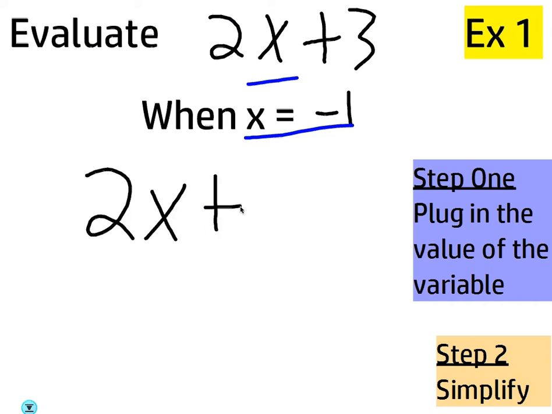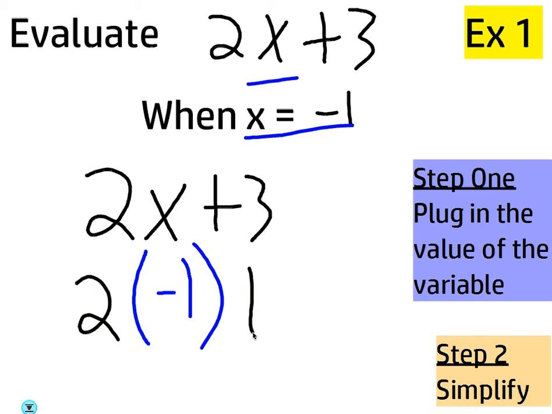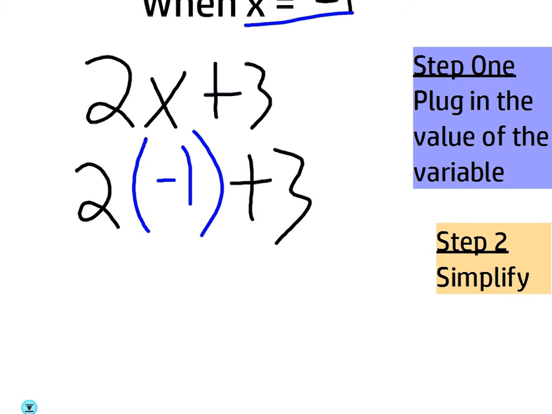So I'm going to rewrite the expression. And every time you plug something in math, put it in parentheses. It's going to save you a lot of trouble, save you a lot of mistakes. So first step is to plug in the value of the variable. In this case, it's negative 1. And then the next step is to simplify.